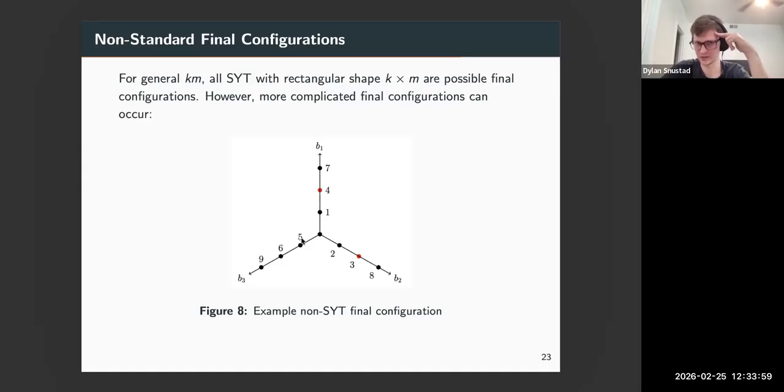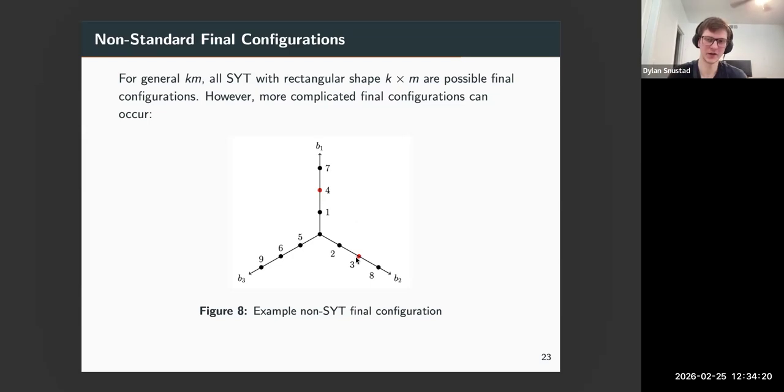So now I'm going this way to get my other increasing that I need. But this 4 and 3 ruin my day. So I get this 4 decreasing to a 3. So it's possible to get final configurations that are not nice standard Young tableaux in this sense.